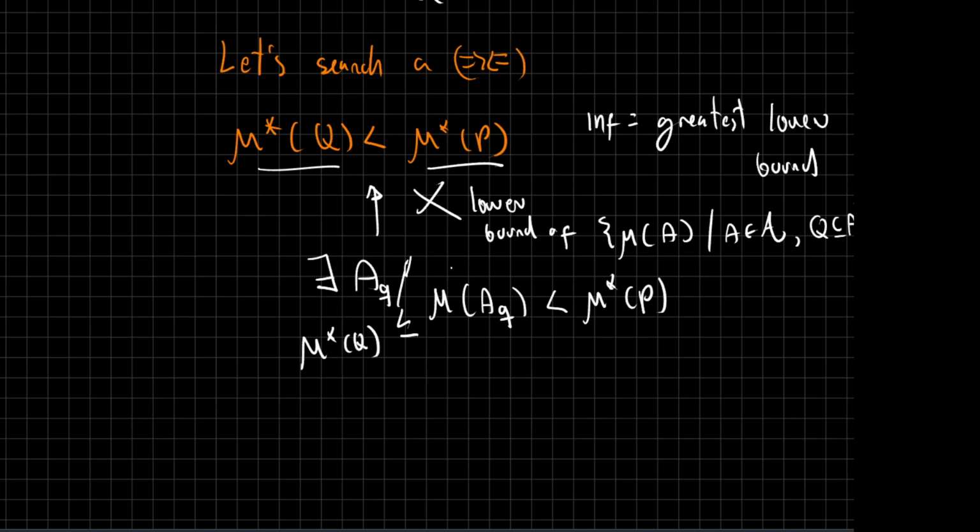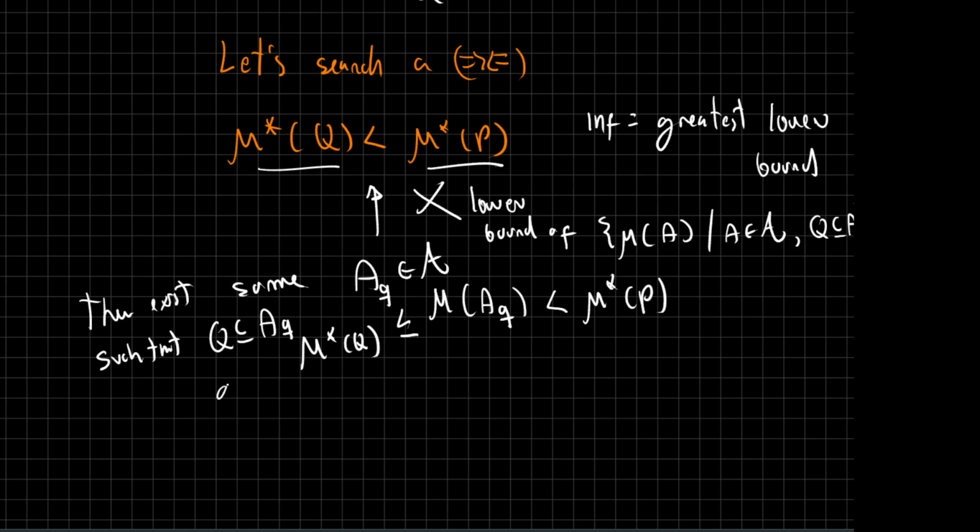So there exists some AQ inside the sigma algebra such that Q is a subset of AQ, and this happens here.